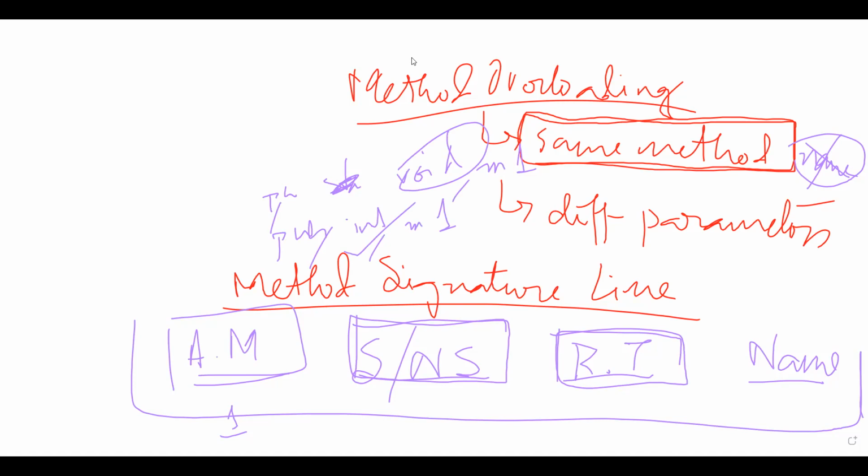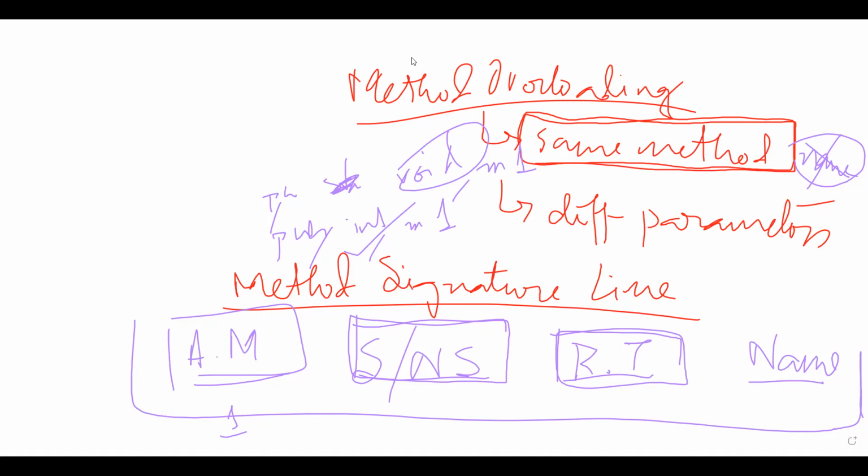So clear up your idea. Method overloading means same method, correct? It doesn't mean the same method name. The name you have used. It's the same method means the same method signature line itself. These 4 elements have to be matched. Then only I can say, okay, boss, these 2 methods are same. Is it clear? Because is public void M1 and private void M1 same?